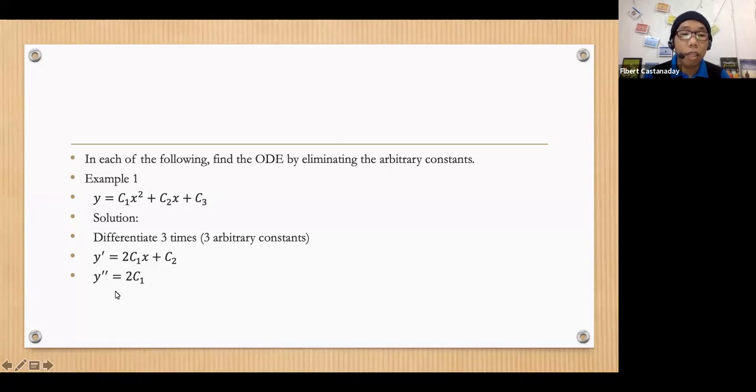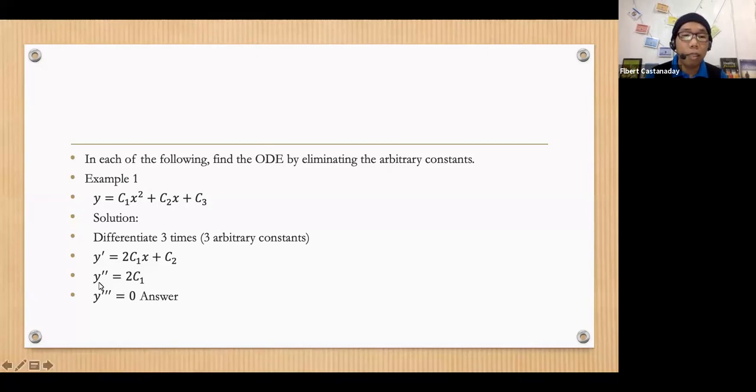Now finally, this is the final equation here. If it happens that this final equation contains an arbitrary constant, then you should stop differentiating that equation. Instead, you are to manipulate the equation or do substitution or utilize the previous equations for you to be able to determine the final answer or its differential equation.